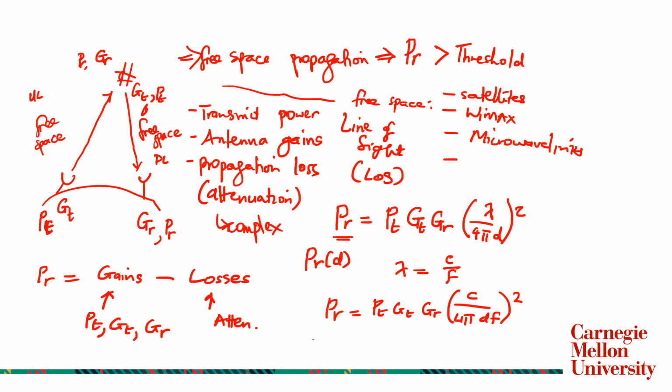If you look at this equation, you can see that this part are gains, meaning that this part has to include the losses. So basically gains are the positive things that add up, give you power. The power you transmit is amplified. It's not really amplification, but there is a way that the antenna shapes a signal, giving it more energy in a given direction. So that's what we call gain.